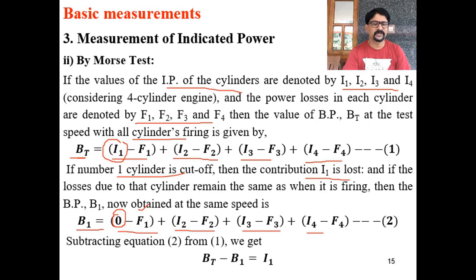If you subtract equation 2 from 1, then you will get BT minus B1 is equal to I1, that is the IP of the first cylinder. If you just look at these two expressions, if you subtract 2 from 1, everything gets cancelled except I1. So BT minus B1 gives the indicated power of the first cylinder I1.